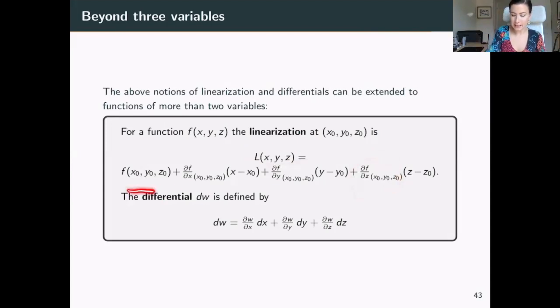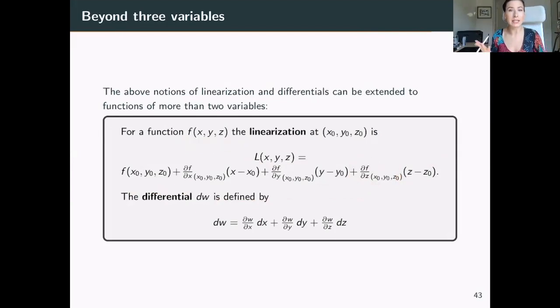So I have the exact same term that I had for my linearization on a surface, plus that extra term accounting for the change of f with respect to z, because my function is a function of 3 variables.